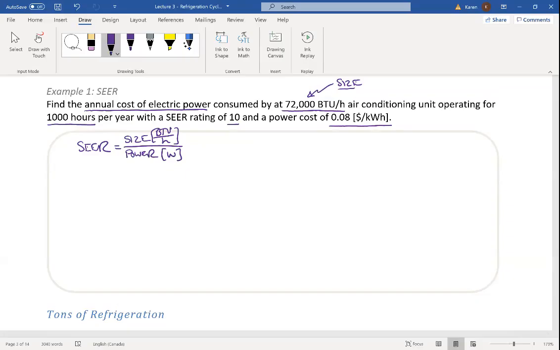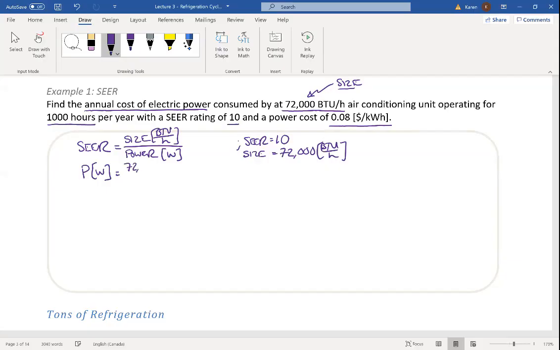To figure out the cost of the power for a year, I should solve for power, because I know SEER equals 10 and size equals 72,000. So I can solve for power, and that's going to be size over SEER, right?